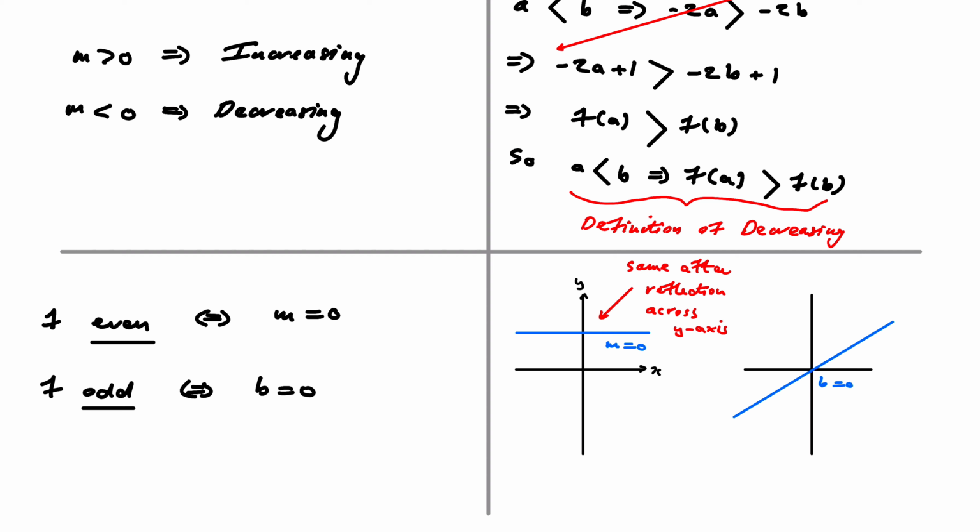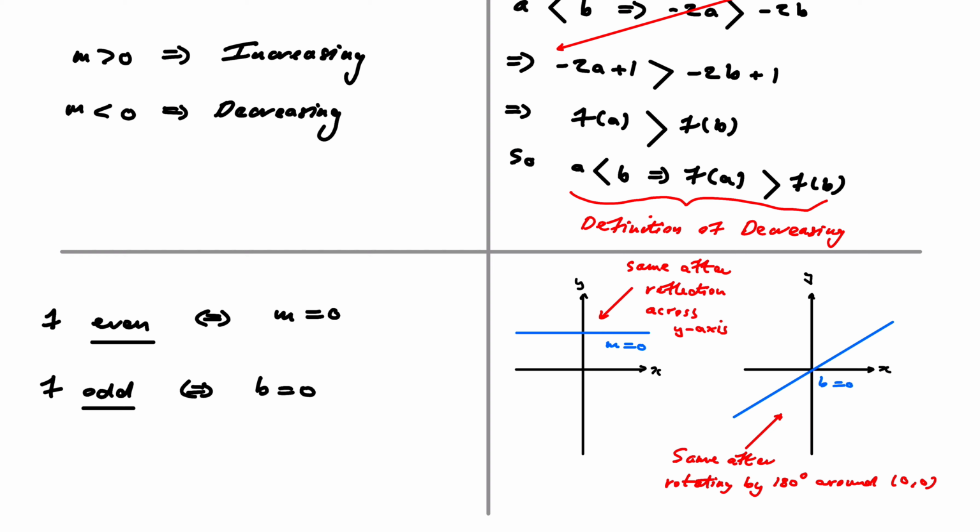And now this guy is the same after rotating by 180 degrees, or pi in radians if you want to say it like that, around the origin 0, 0. So that's what makes it odd. And if you weren't going through that, you wouldn't have that property. You need to go through the origin for that to make sense.